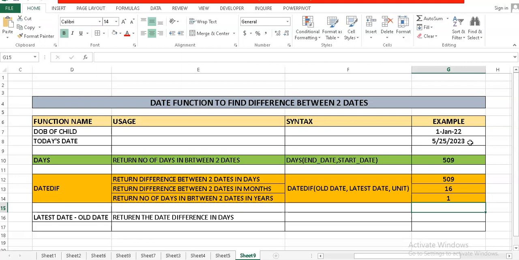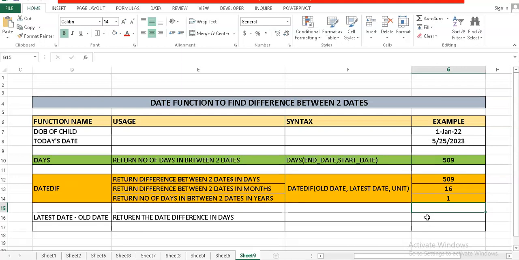So we have seen the DATEDIF formula over here, which will return the date difference in days as well as in months as well as in years. So these are the two formulas, and the third one is that simple. We have to subtract the old date from the current date, or the latest date minus the old date. Here we have seen that the latest date is 25th of May 2023 and the old date is 1st Jan 2022.